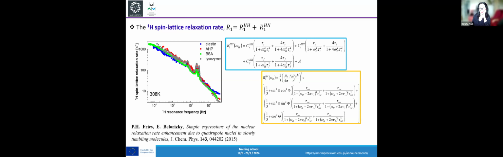You see here a collection of experimental data for different kinds of proteins. All of them show this kind of effect. I have to say that it was extremely difficult to collect the data because the relaxation process here is very fast, but it's not only that.